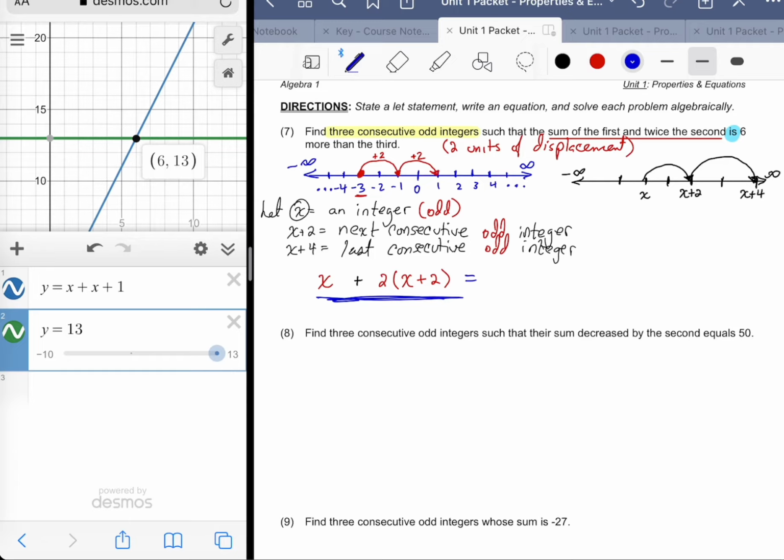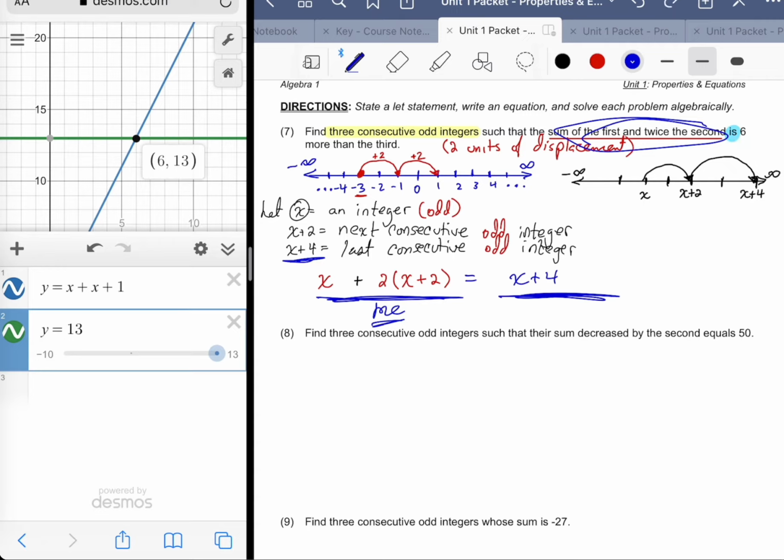This is me. This is my brother. If I tell you that this is my brother's age, x plus 4, and I'm just trying to conceptualize this for you. Instead of saying, sum of the first and twice the second is 6 more than the third, I'm saying my age is 6 more than my brother's age.